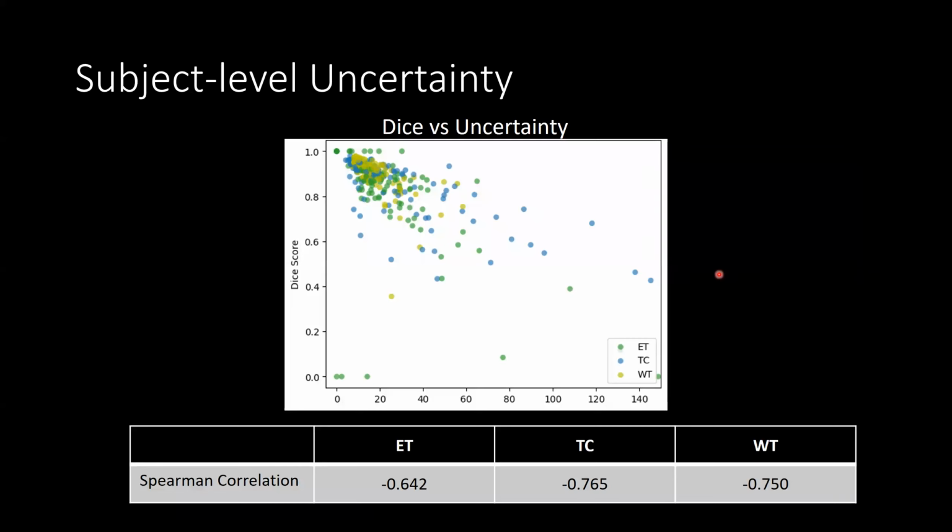In order to flag patients for manual review by clinicians, we need to convert these voxel-wise uncertainty metrics into subject-level metrics. Seen here, we plotted subject-level uncertainty against the dice score for the enhancing tumor, tumor core, and whole tumor components of the glioma. And we can see a fairly strong correlation present, where larger uncertainty is correlated with poorer dice score.